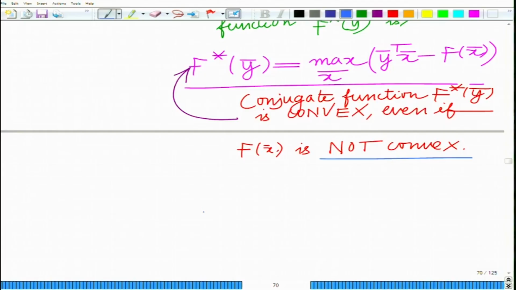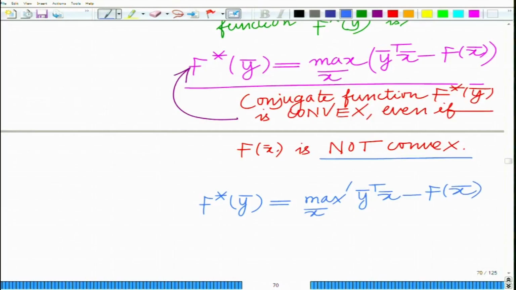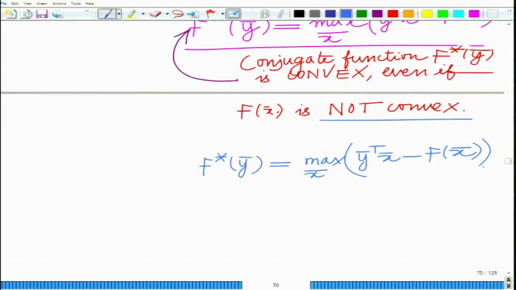For instance, if we look at f conjugate of y bar, let me just write this again, which is y bar transpose x bar minus f of x bar. Well, you can see that this is linear in y bar for each x.